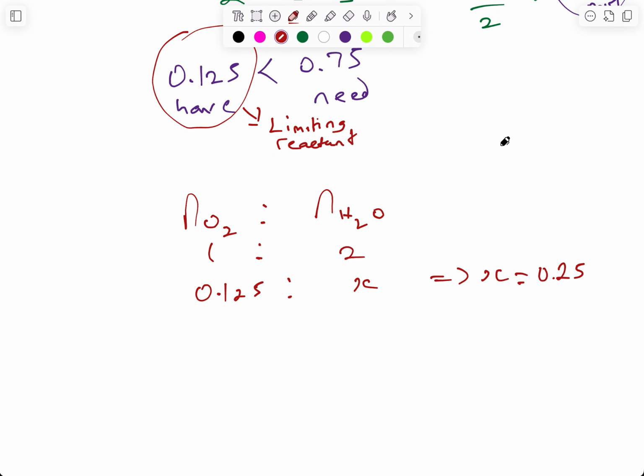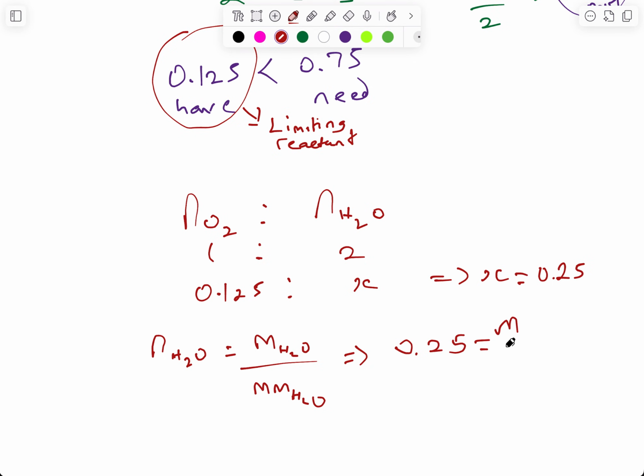Yeah, 0.25. Now that you have the number of moles of water, the number of moles of H2O equals mass of H2O divided by the molar mass of H2O, or you can just say relative molecular mass. In this case, the number of moles of H2O is 0.25, which equals the mass of H2O, what we're looking for, divided by the molar mass.